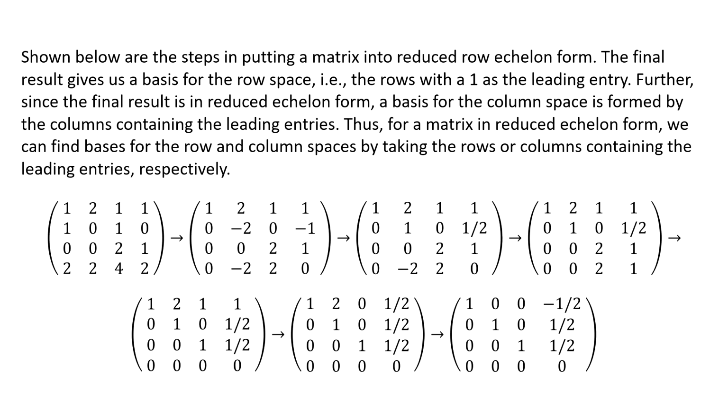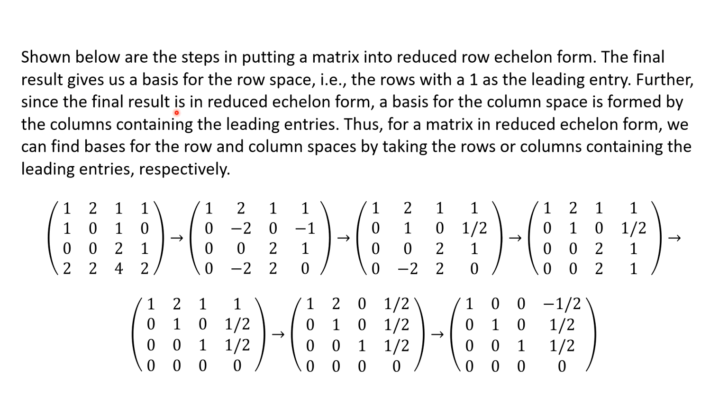I want to do an example of our theorem concerning the row space having the same dimension as the column space, which we'll talk about in the next slide. So shown below are the steps in putting a matrix into reduced row echelon form. The final result gives us a basis for the row space, the rows with a 1 in the leading entry.